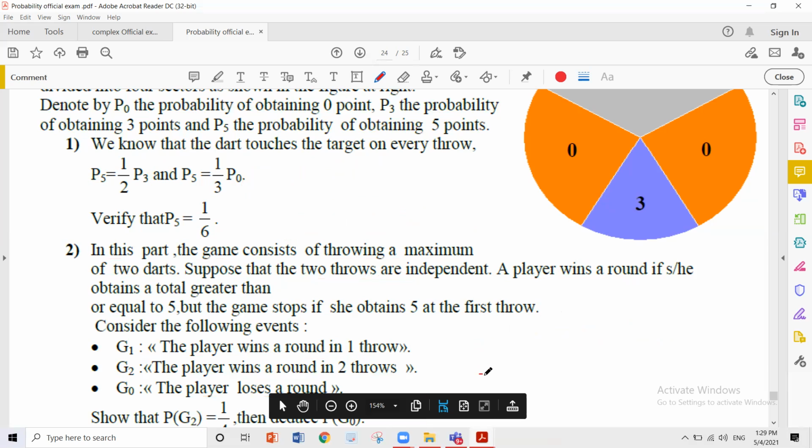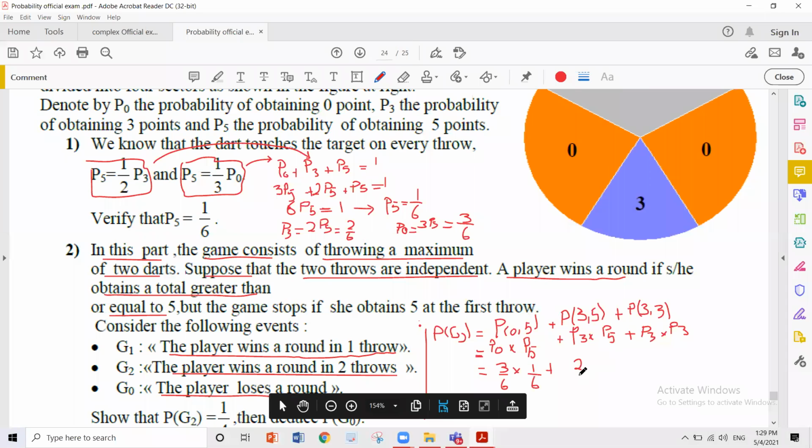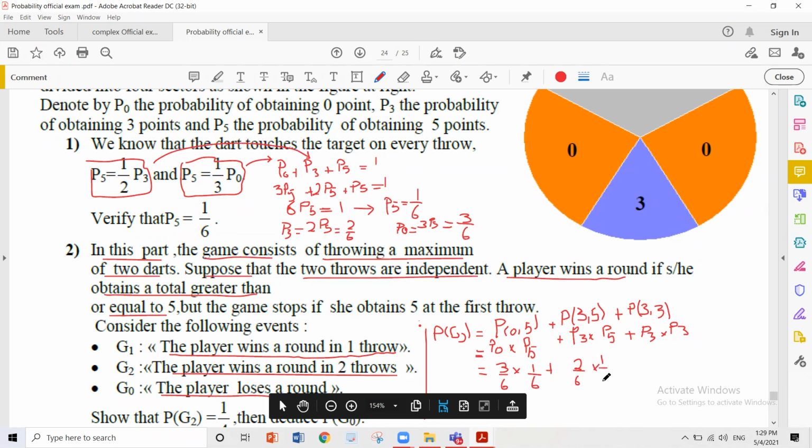Equals P0 is 3/6 times P5 is 1/6, plus P3 is 2/6 times P5, 1/6, plus P3, 2/6 times P3, 2/6.